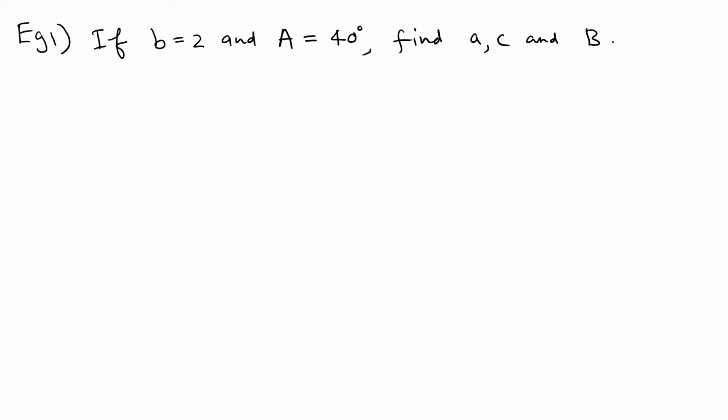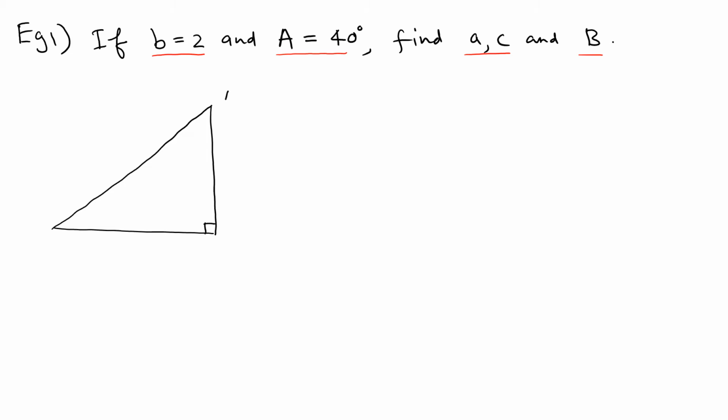As the first example, we can look at this problem. It says that if the side length B equals 2 and the angle A equals 40 degrees, find the other two sides, A and C, and the angle B. So let's draw a triangle and represent the information that we have. We can use the same naming convention.